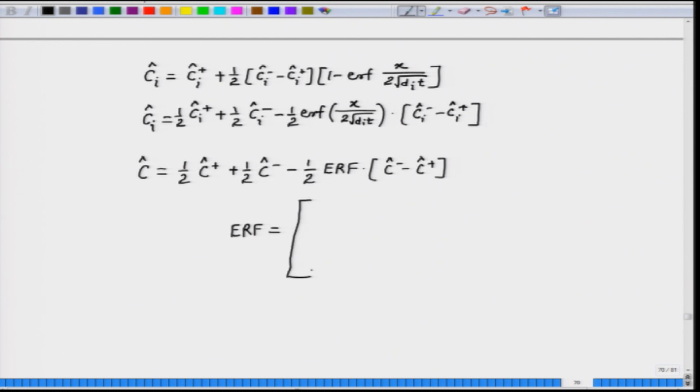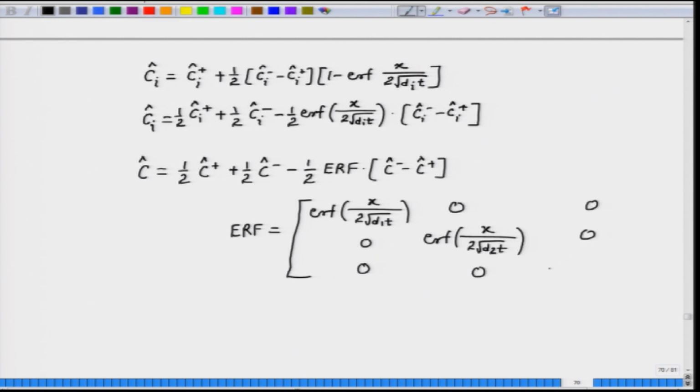So, the ERF matrix is a diagonal matrix: error function of x over 2 root d1t, 0, 0; 0, error function of x over 2 root d2t, 0; 0, 0, error function of x over 2 root d3t.